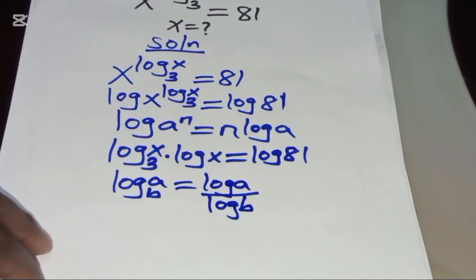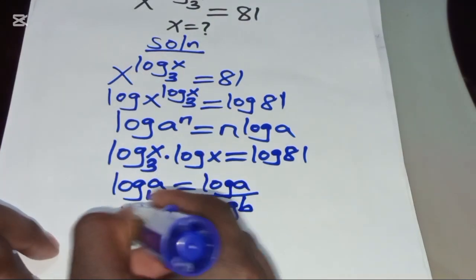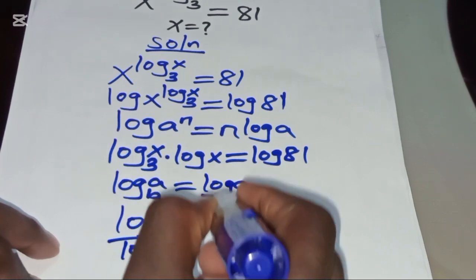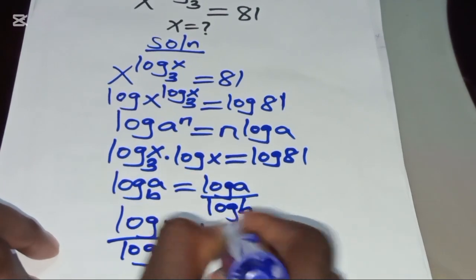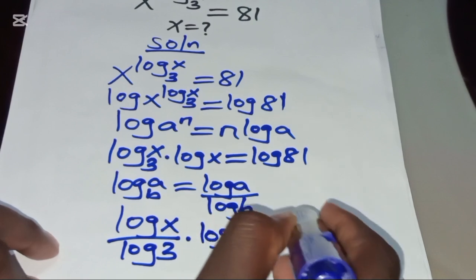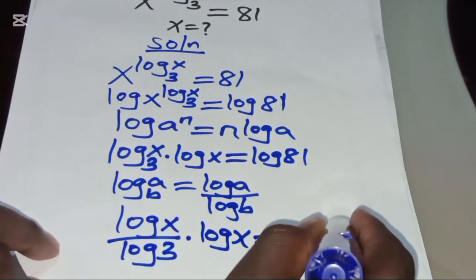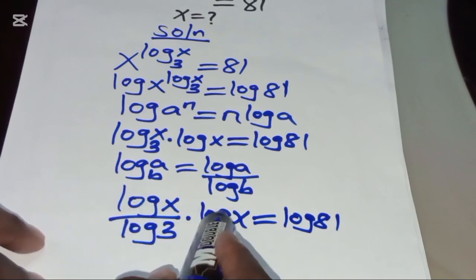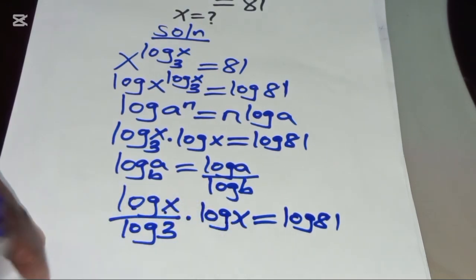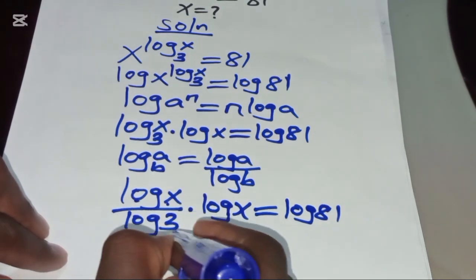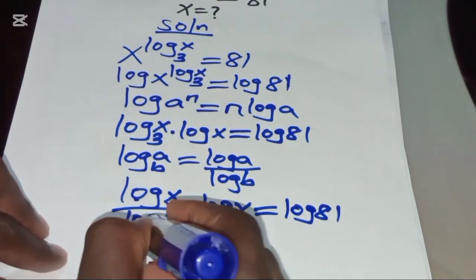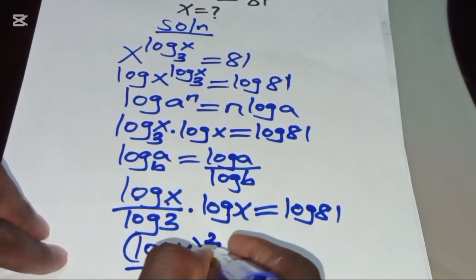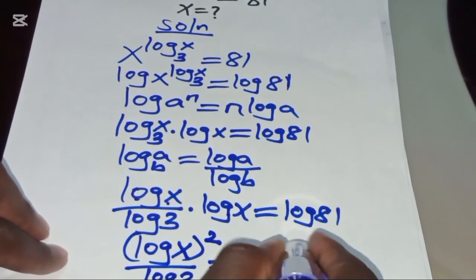So we will have log x divided by log 3 multiplied by log x, equal to log 81. Now, log x times log x is log x raised to power 2, divided by log 3, equal to log 81.